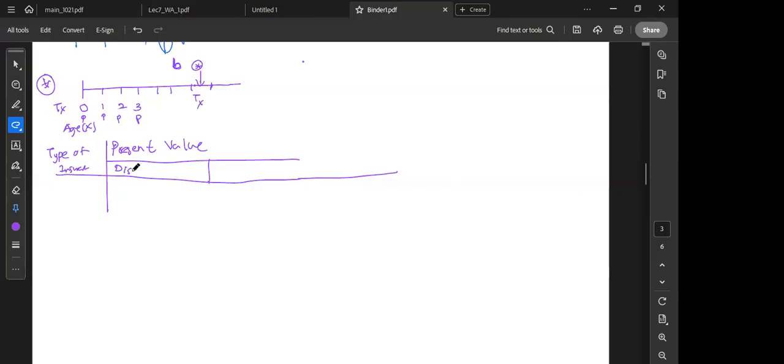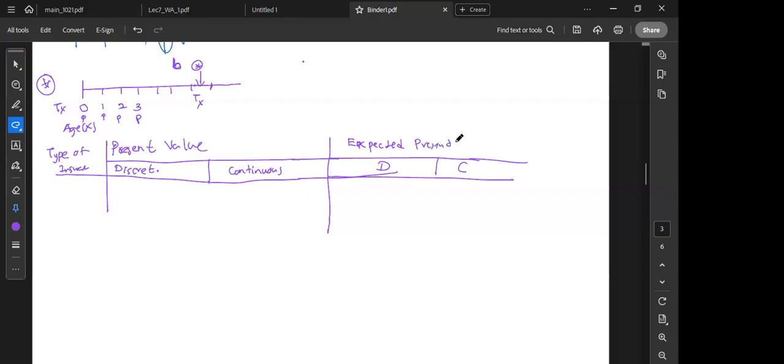We can consider it to be discrete or continuous. And for each of these present value random variables, for discrete and continuous, I can again take the expected present value. Those are all the possible measurements I can consider under this topic.